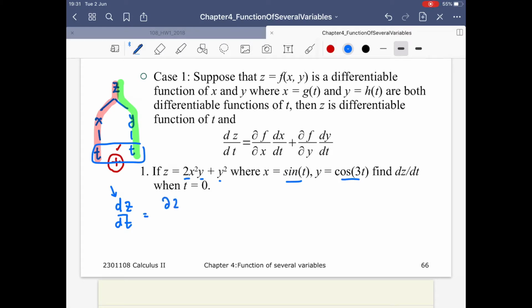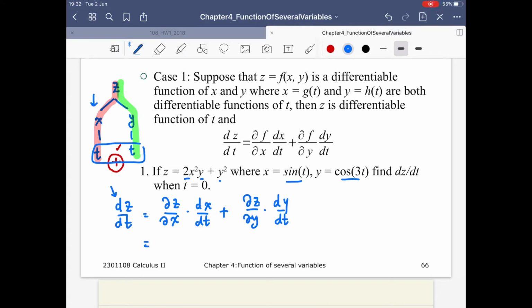So this is ∂z/∂x using this diagram, multiplied by dx/dt, combined with ∂z/∂y multiplied by dy/dt.